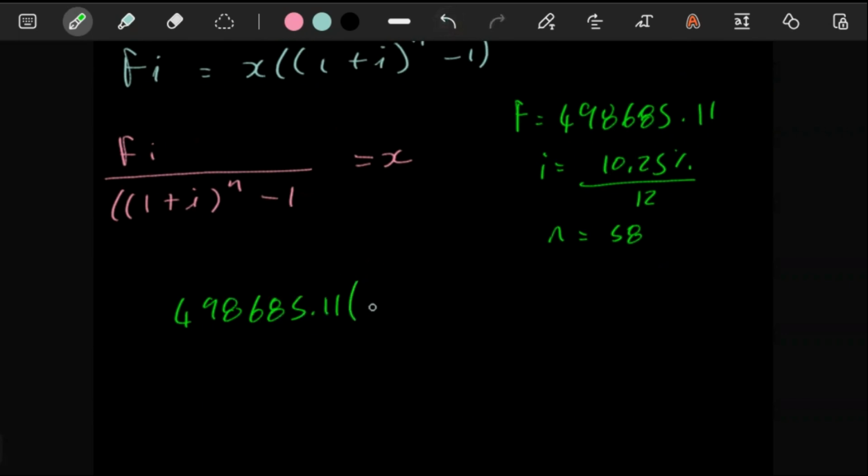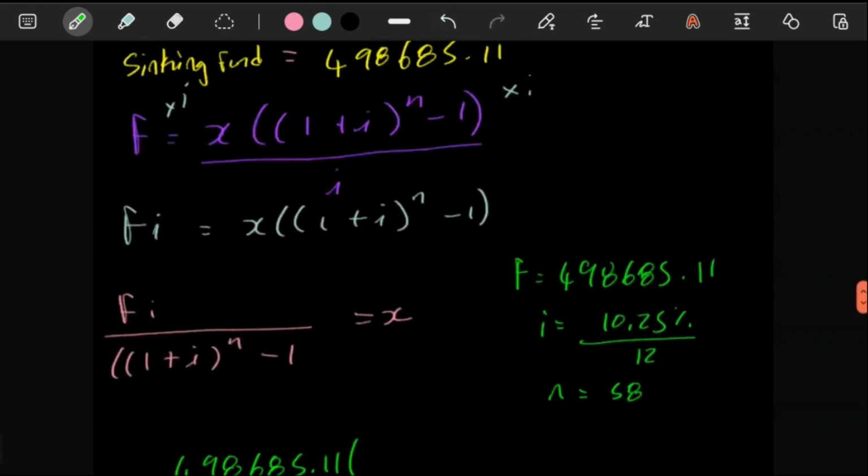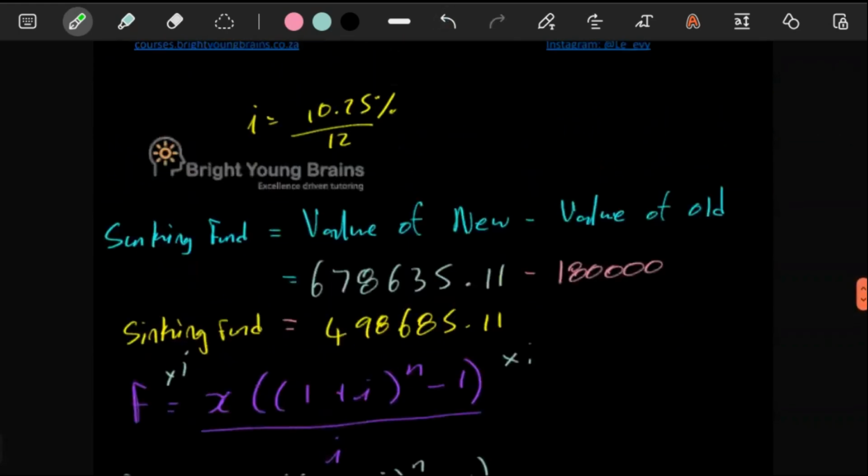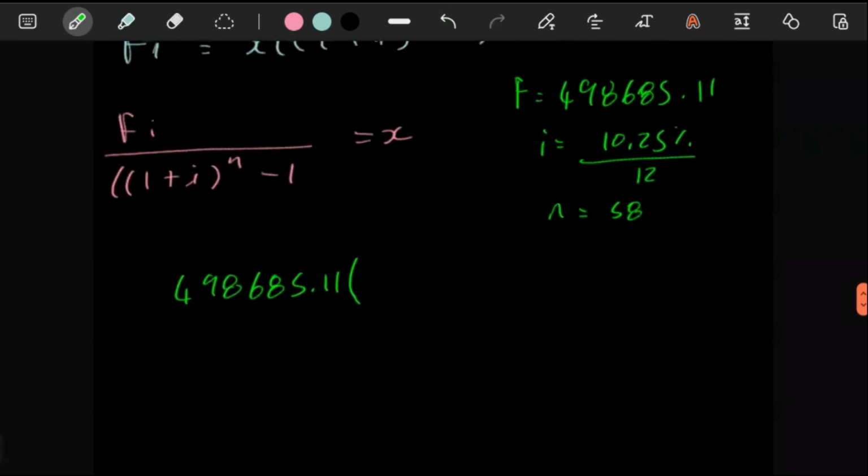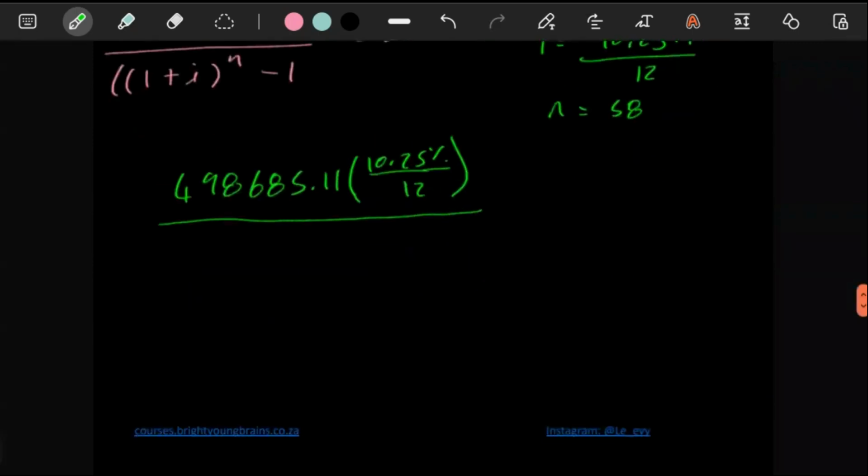What is the interest? It's 10.25% over 12. And then this is going to be 1 plus this, and then the whole thing to the power of n.